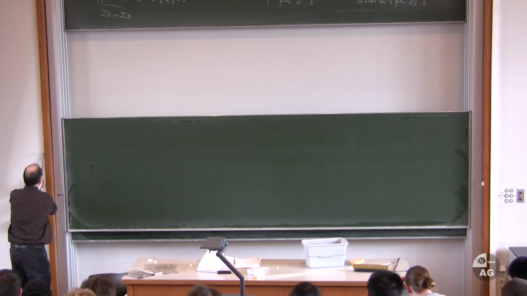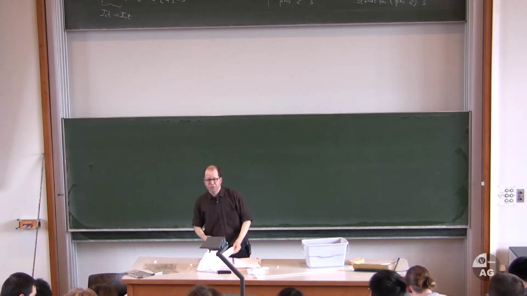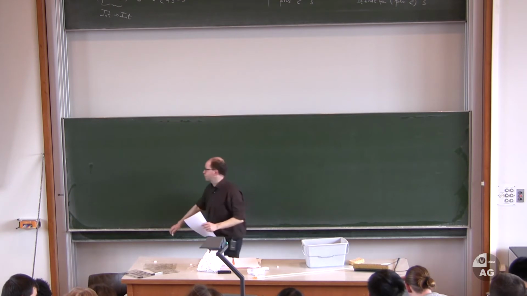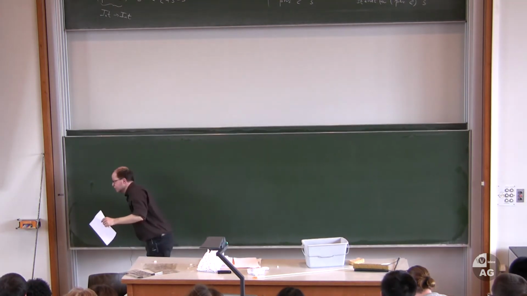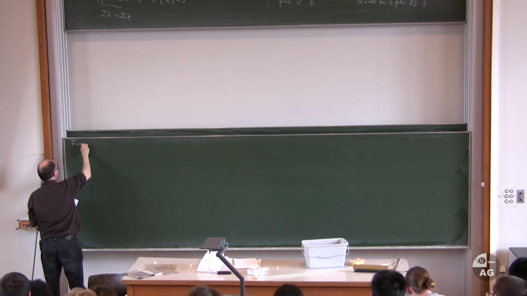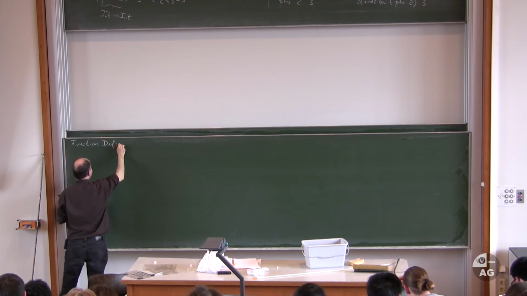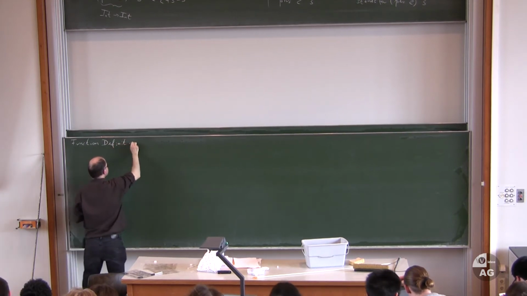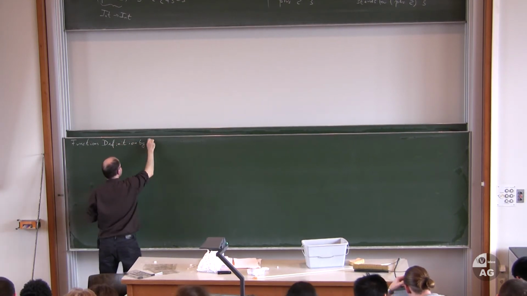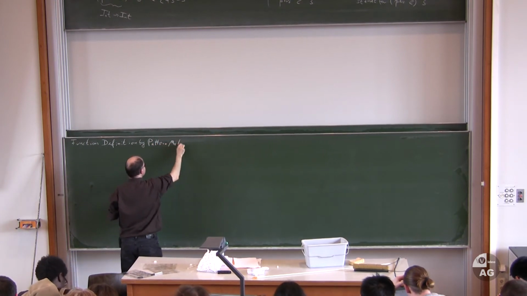And the idea is that we use several different defining equations for different forms of arguments, for different forms of arguments described by patterns. And so this concept is called function definition by pattern matching.